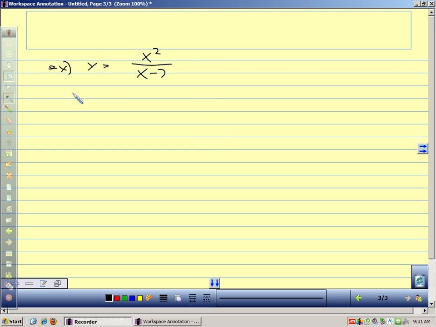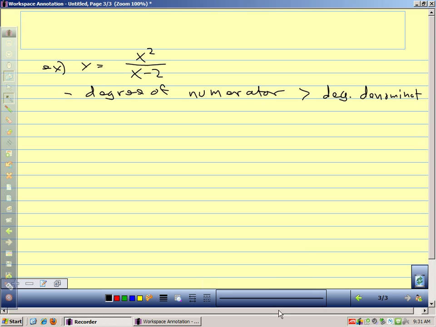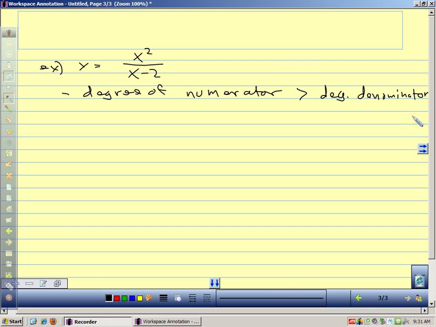So the first thing we see here is that the degree of the numerator is greater than the degree of the denominator. So our rules tell us that there's no horizontal asymptote.